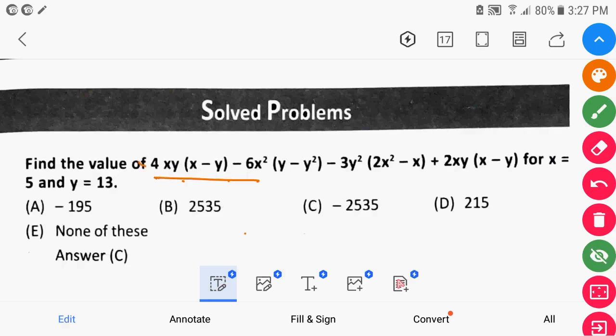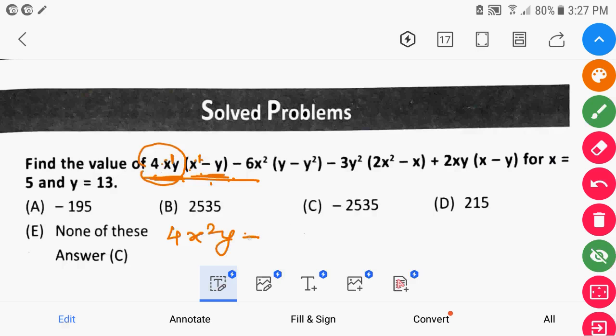The first step is to multiply x minus y with this 4xy. If we multiply, it becomes 4x square y, because the powers of x get added as the base is the same.